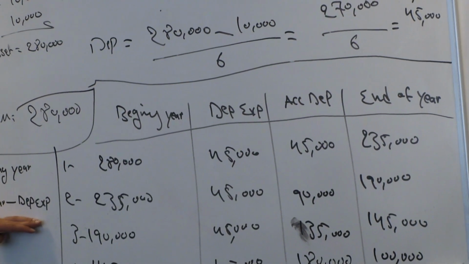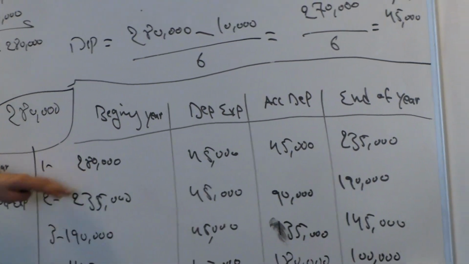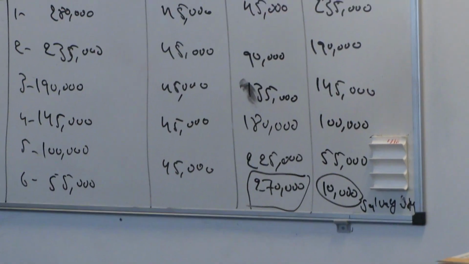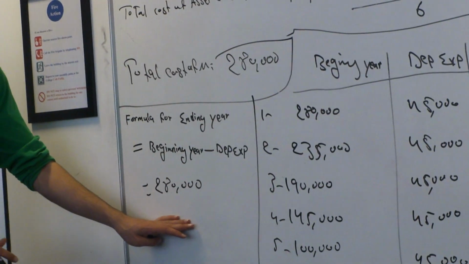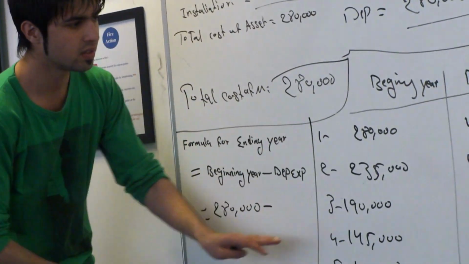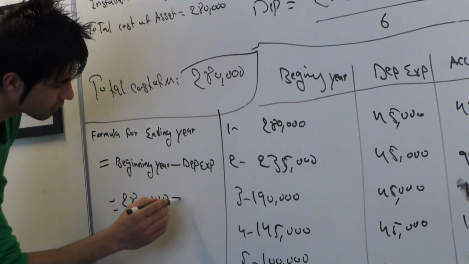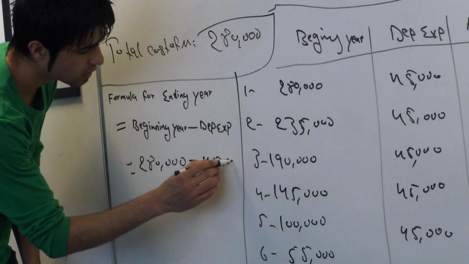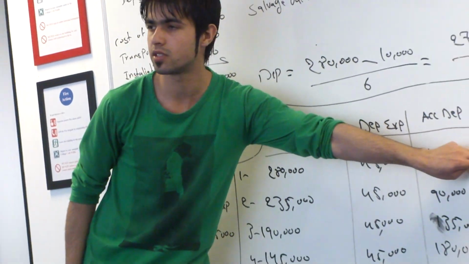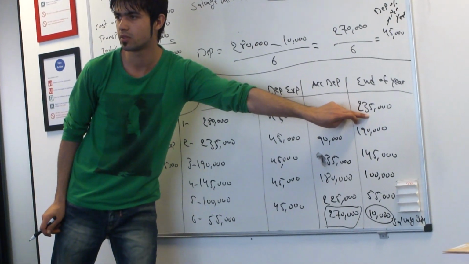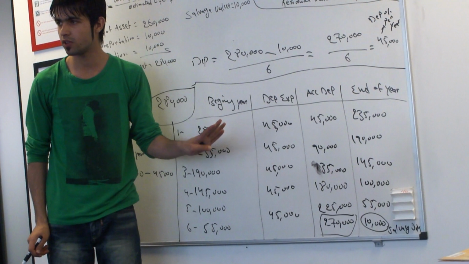How much was the beginning? 280,000 minus depreciation 45,000. When we minus this one from that, we get 235,000. It's okay for the first year.